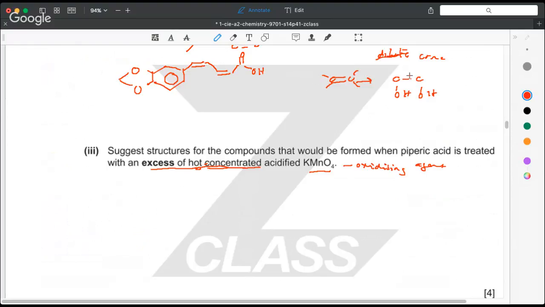And so what happens is that bond gets broken and the alcohol group in the diol gets oxidized, and you end up with two carbonyl compounds. Okay, so whenever you get to one of these double bonds here, when it's oxidized with hot concentrated manganate, then first of all you get the diol, and then it's further oxidized to give a carbonyl compound.